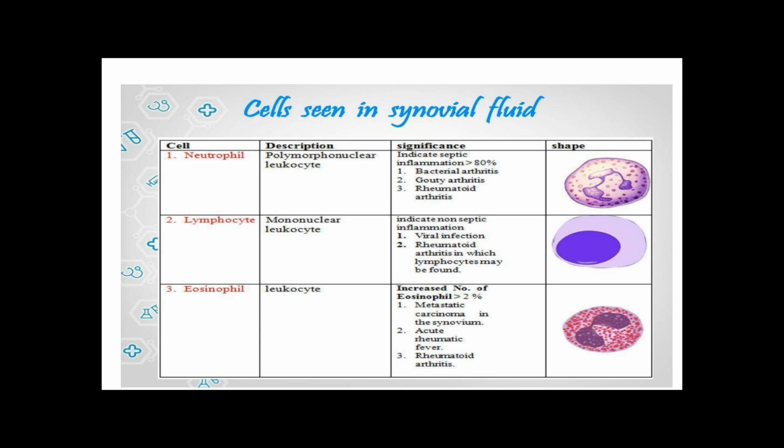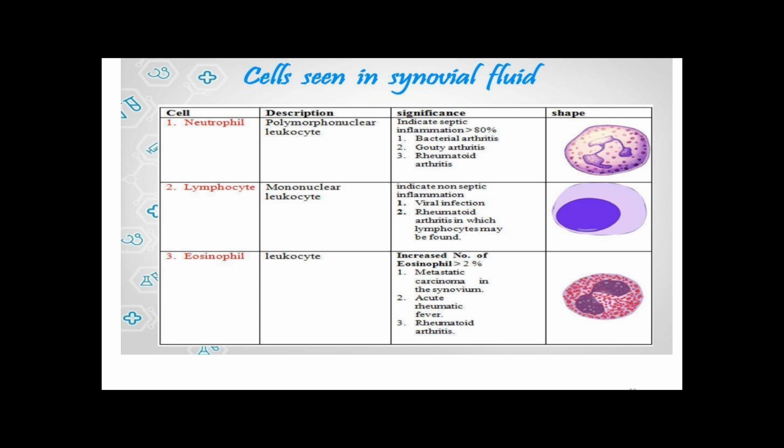Right, here is the summary of the cells seen in the synovial fluid. Neutrophil: the morphology is polymorphonuclear leukocytes. The significance mainly indicates septic inflammation.